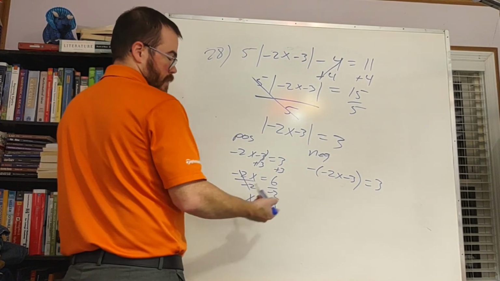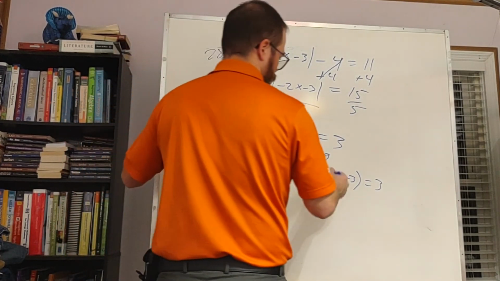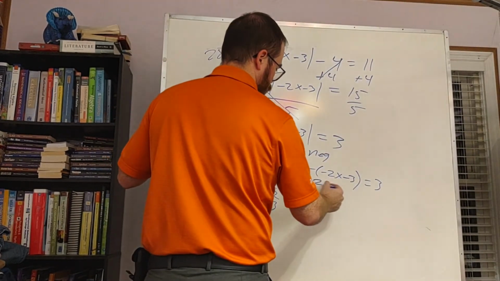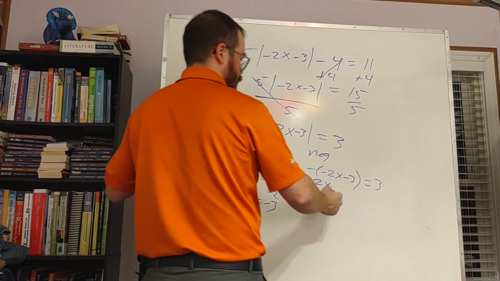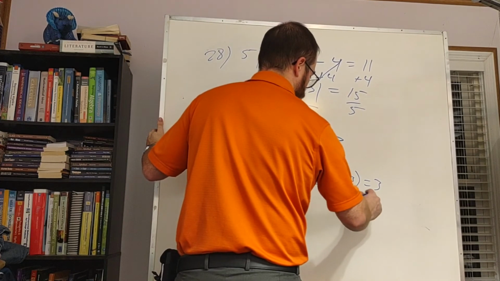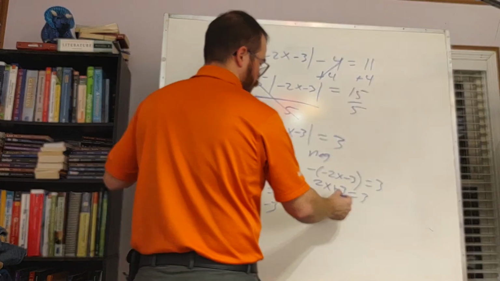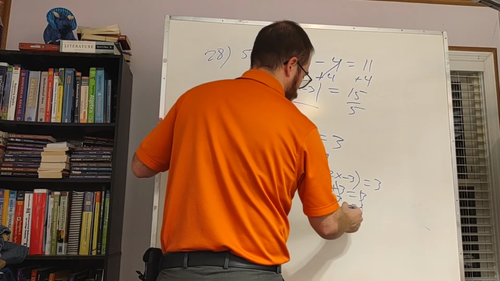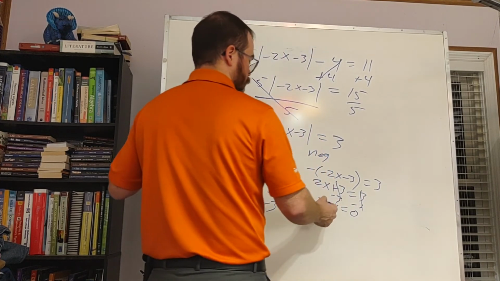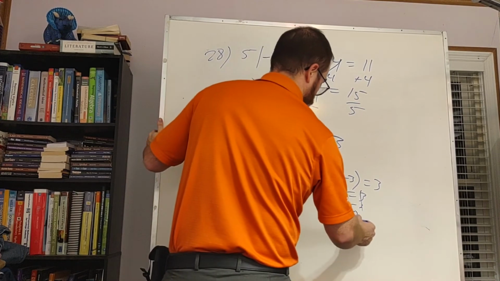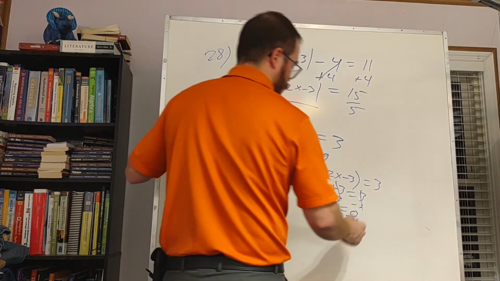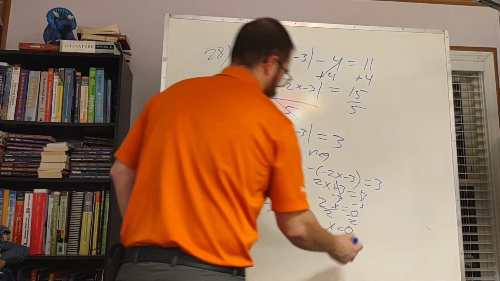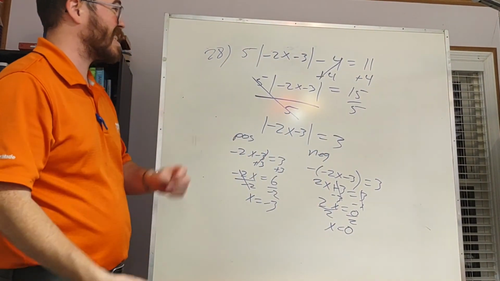So we're like, that's a possible one, so we'll check that in a minute. Over here we're going to change both these signs in here. So negative negative makes that a positive 2x. Negative negative makes that a positive 3. So let's subtract 3 on both sides. So that's going to give us 2x equals 0. Divided by 2, x equals 0 divided by 2 is 0. Okay? So x equals 0. That's our other possible solution. So let's see if that works.